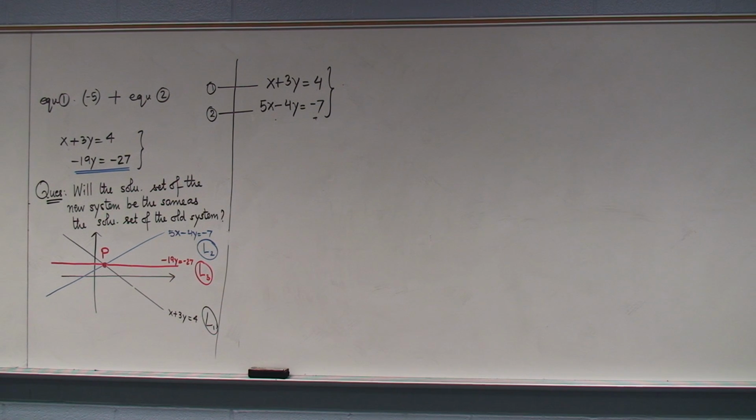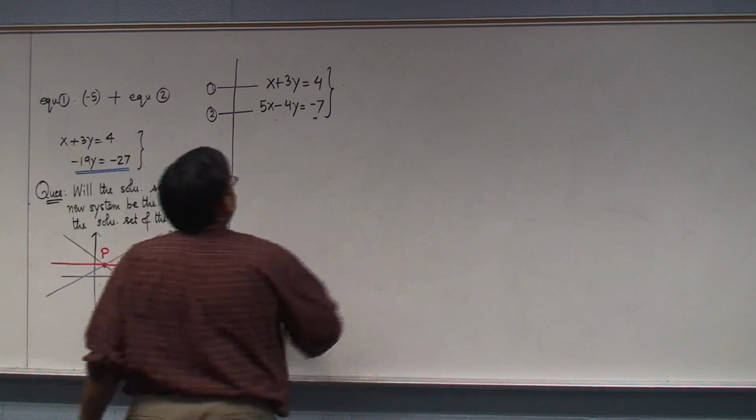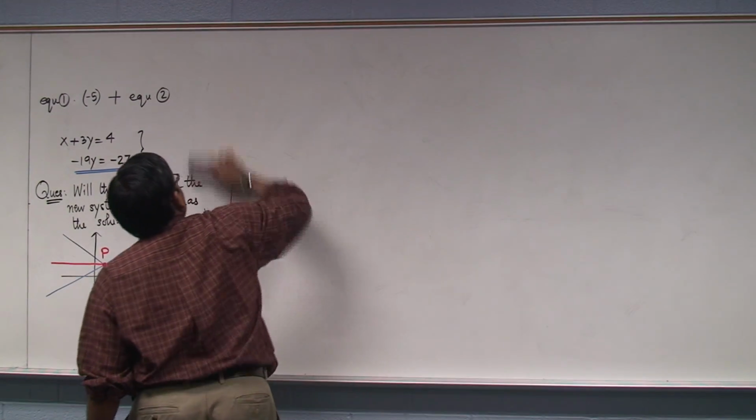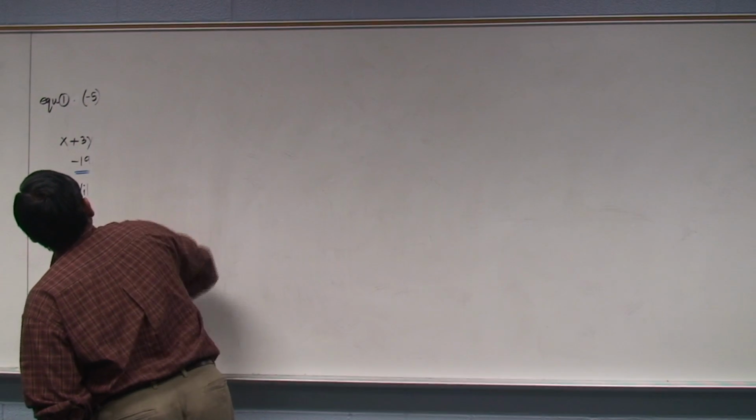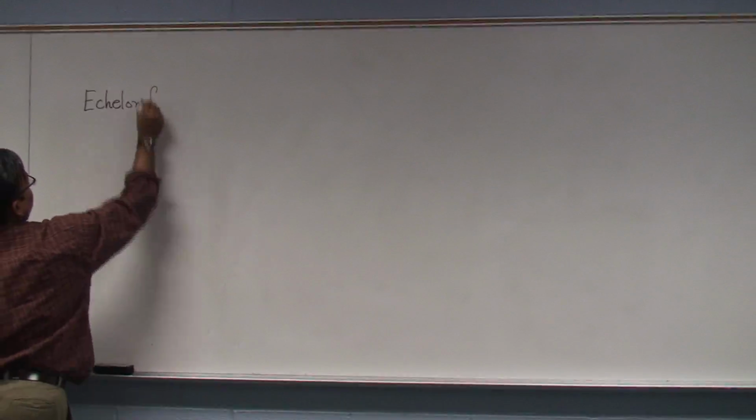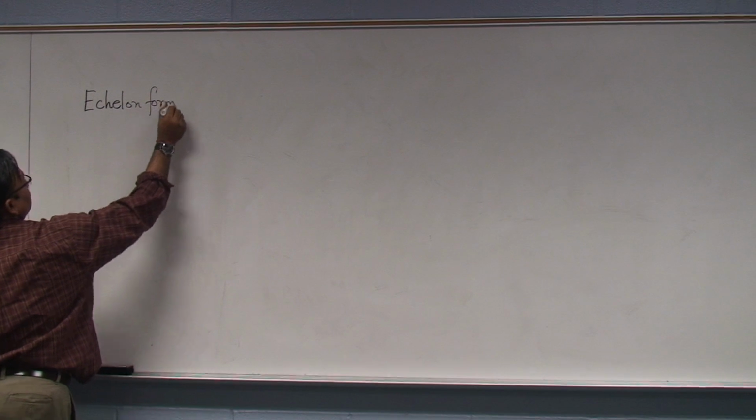Okay, so let's talk about the two terms associated with matrix. One of them we will call the echelon form. So now we want to refer to the echelon form of a matrix.